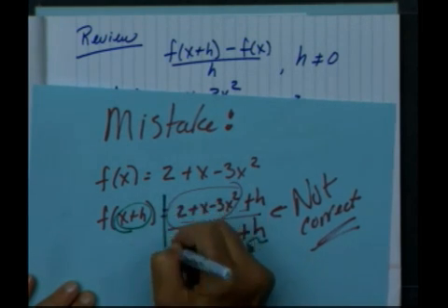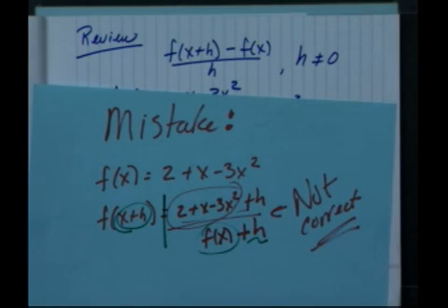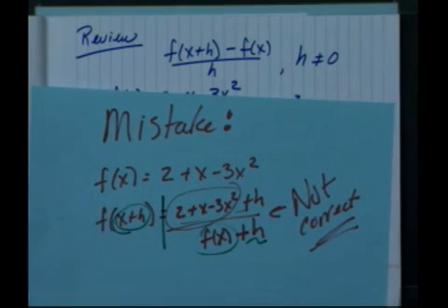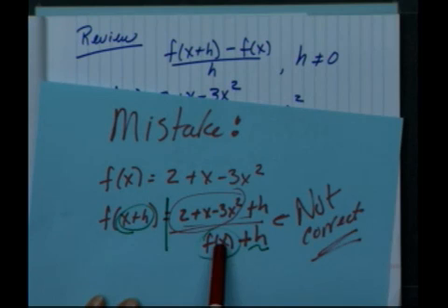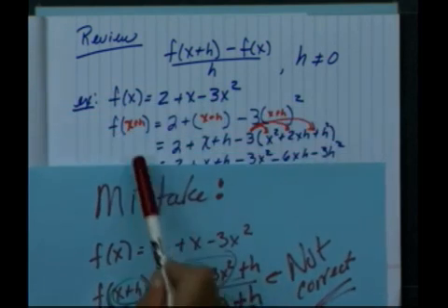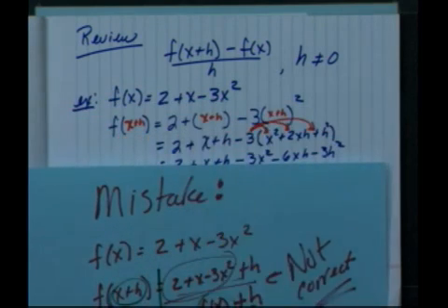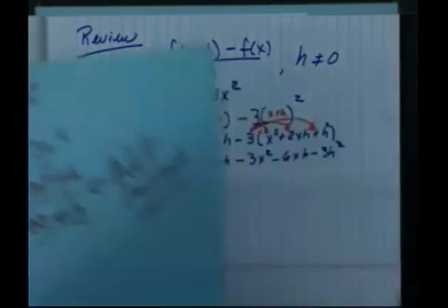So this is not equal to that. And I think that's where your mistake was coming in. Okay? And that's a mistake that happens, and that's why it's so good to point that out. Does everybody see the difference between f of x and then a plus h and f of x plus h? Everybody got it? All right.